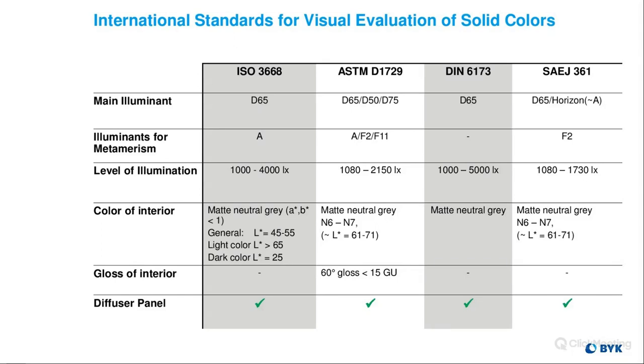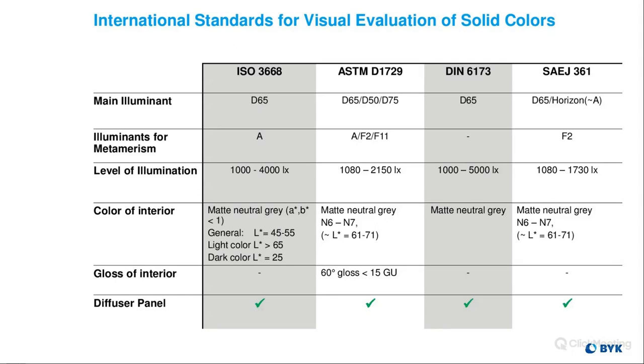And then what's really interesting is that these standards are referring to using light booths. If you're unfamiliar with what a light booth is, it's just a type of apparatus that can help you view colors and make comparisons between panels in a very defined way.